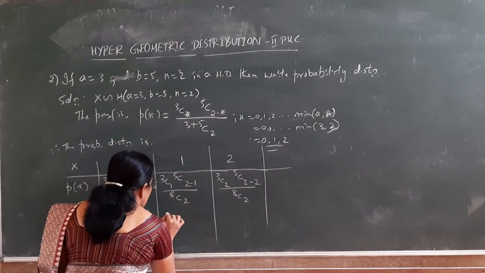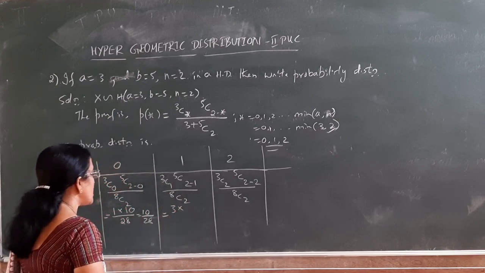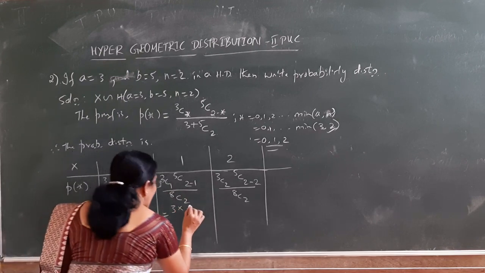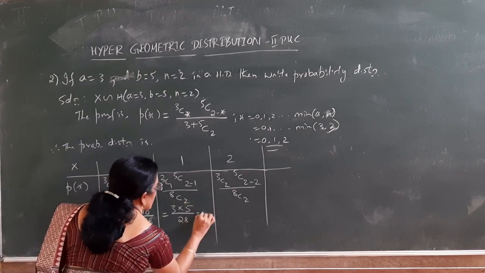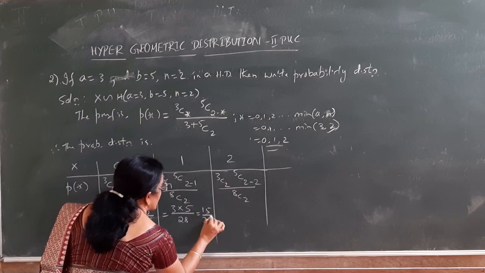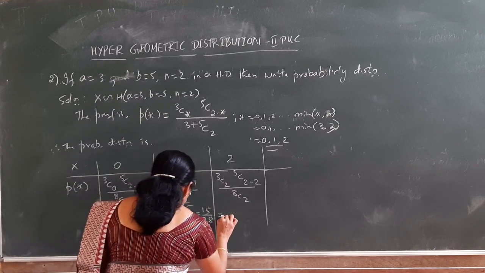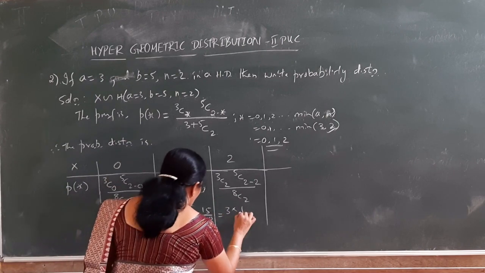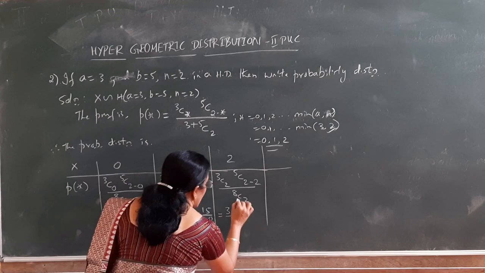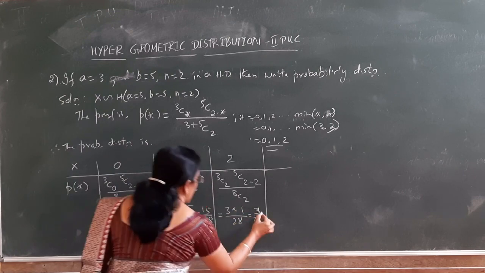Next 3C1, which is equal to 3 into 5C1, that is 5, divided by 8C2, common factor 28, which is equal to 15 divided by 28. And the next one is 3C2, which is 3 into 5C0, 1, divided by 28, which is equal to 3 by 28.